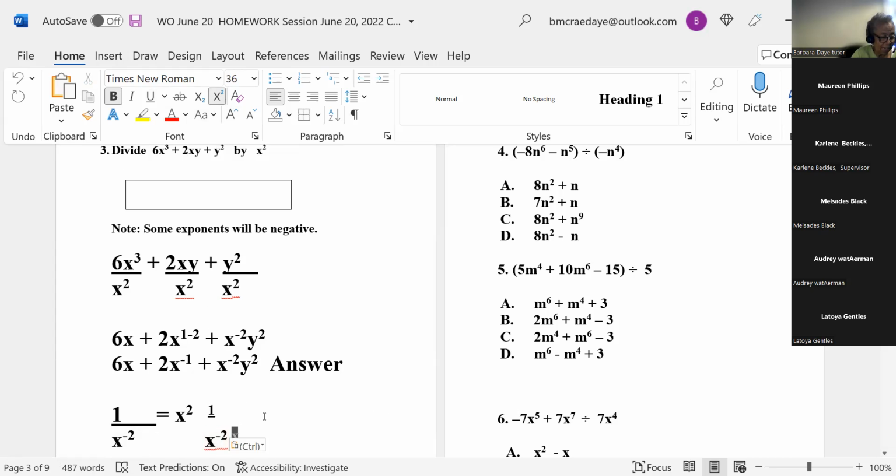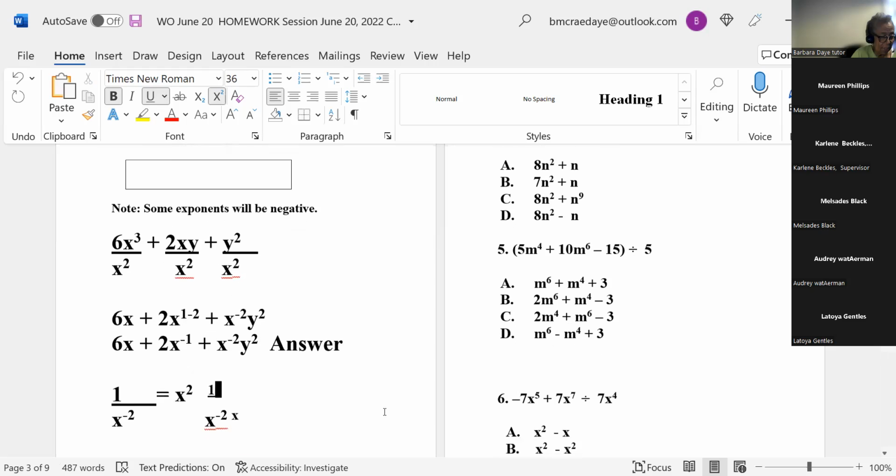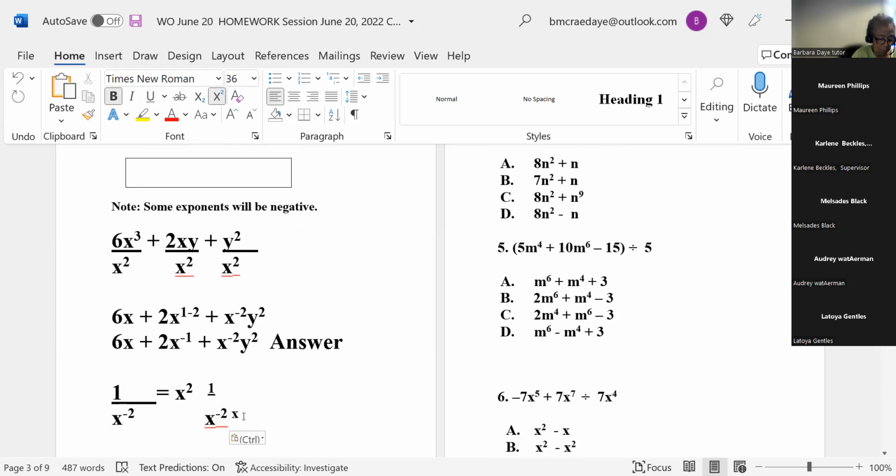So that's x to the second, but notice now it's in the denominator. Now, if I bring this up into the numerator, what would that be, Mercedes? Yes, the sign would change to plus. So that would be equal, and that would just be x to the second.